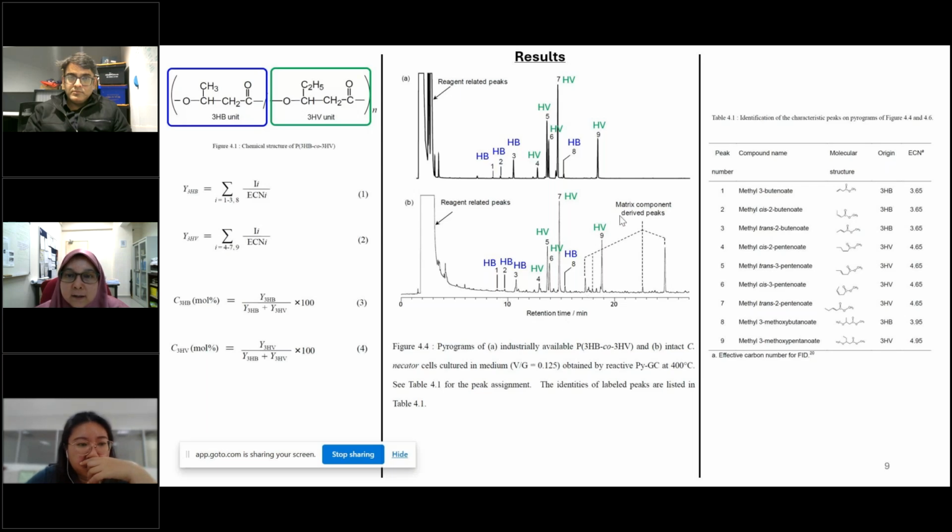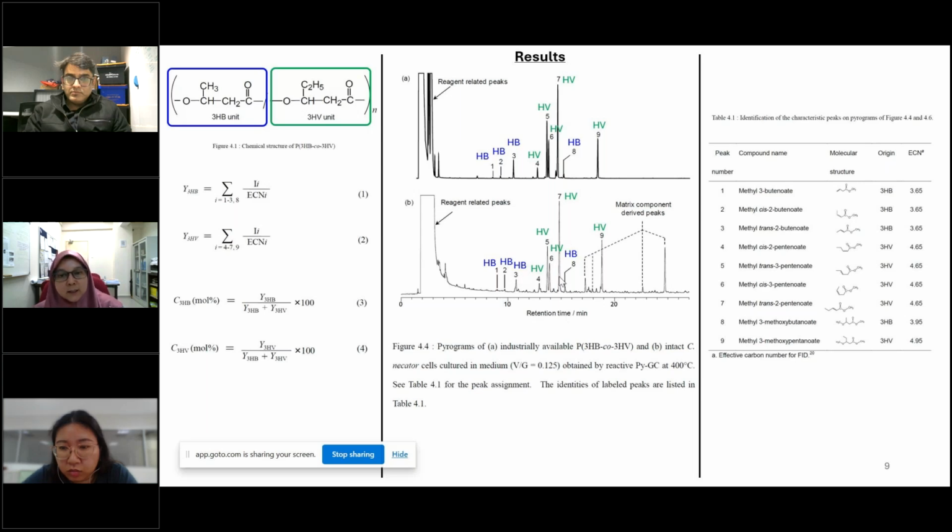So we can see here the matrix component derived peaks. These are derived from the cell outer layer of the bacteria: 1, 2, 3, 4. These are the matrix component derived peaks. The rest, the 9 peaks, are derived from the monomer units of HB and HV.